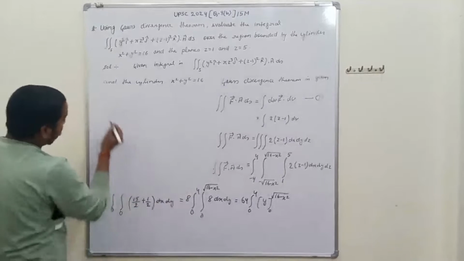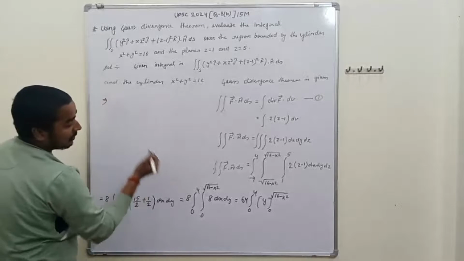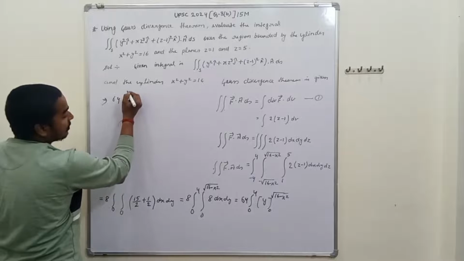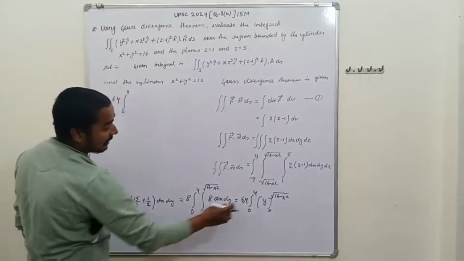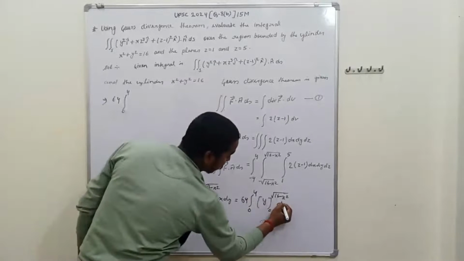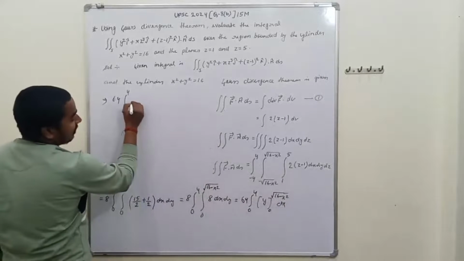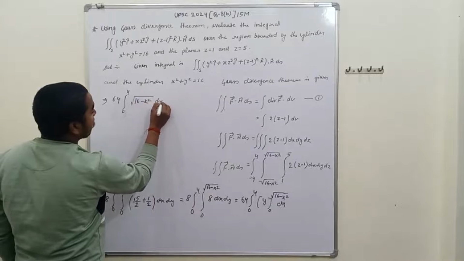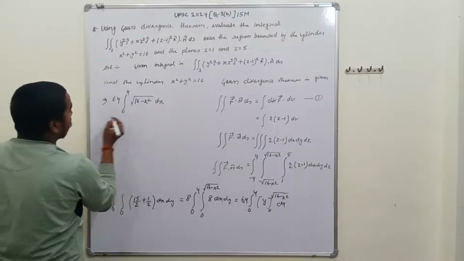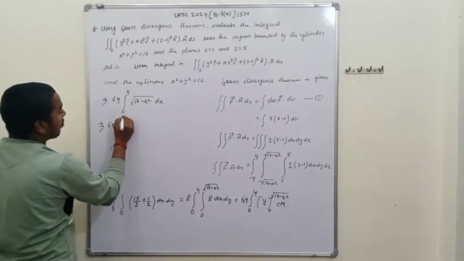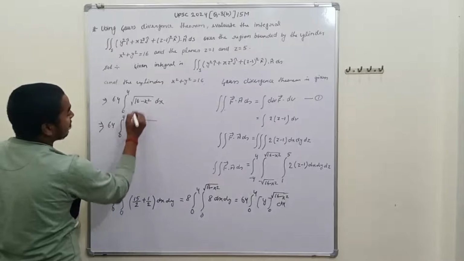Further we put 64 with limit 0 to 4, and in place of y the upper limit, with dx also present, that is under root of 16 minus x square dx, and we can also write 64 with limit 0 to 4, where 4 squared is 16, minus x square dx.